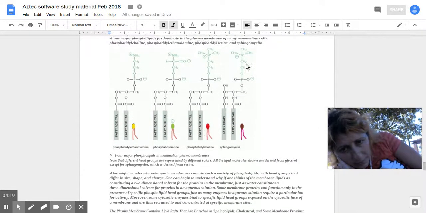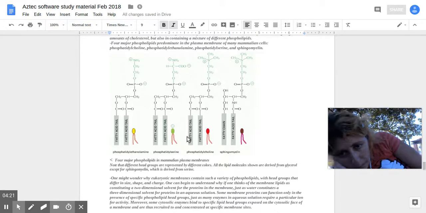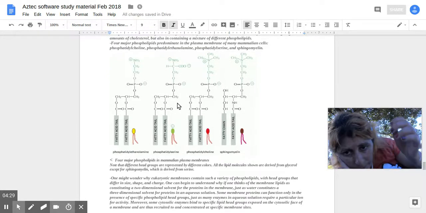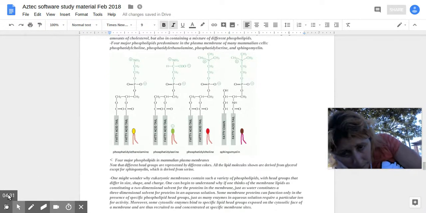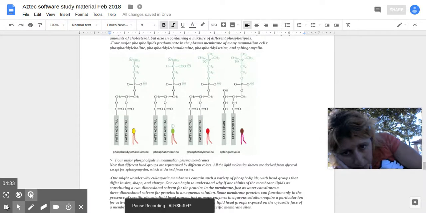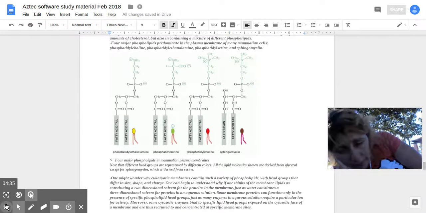Phosphatidylserine and phosphatidylethanolamine are usually in the inner monolayer of bilayers.